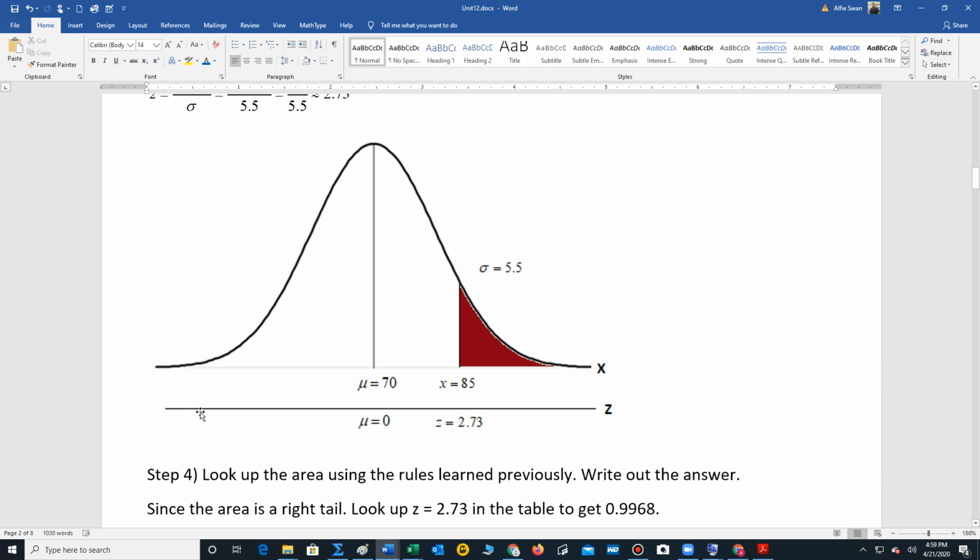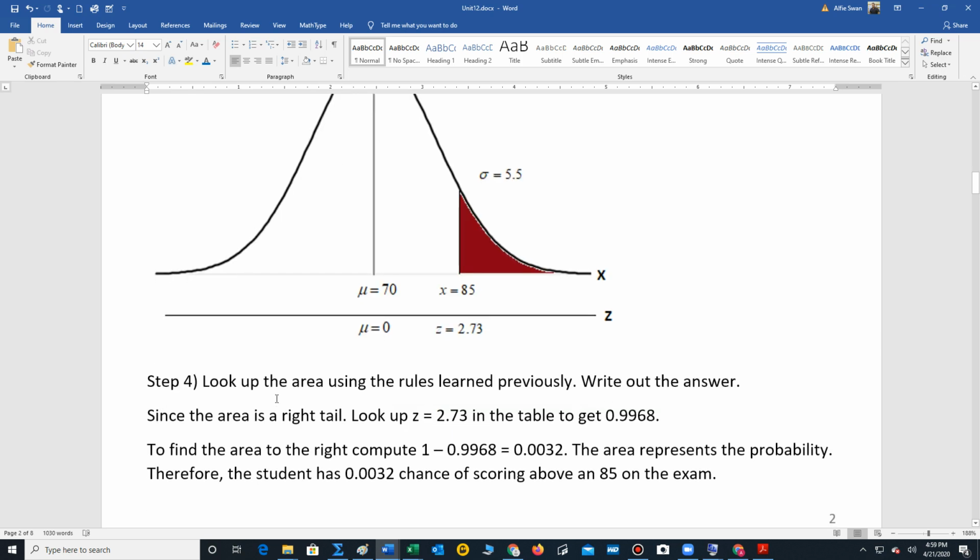I like to draw a z-axis below the x-axis, just so it mirrors the x values. So on the z-axis, the mean is always 0, and for this problem, 85 corresponds to a z value of 2.73.